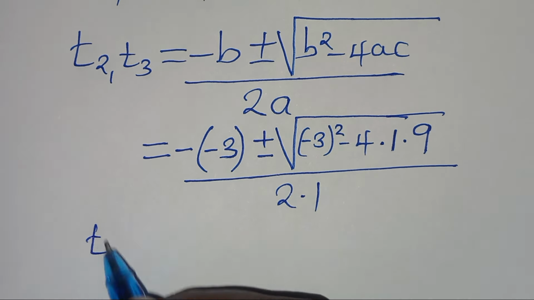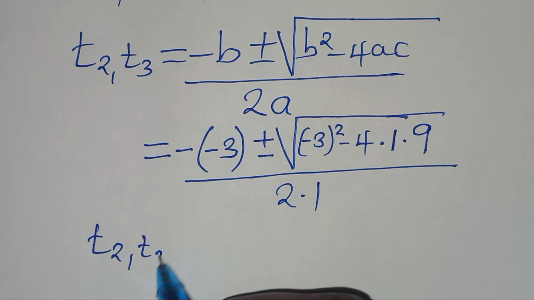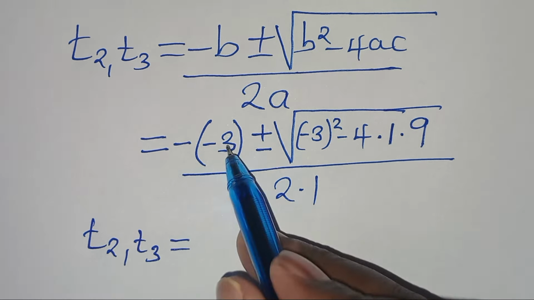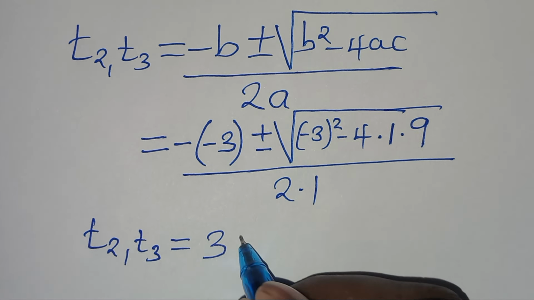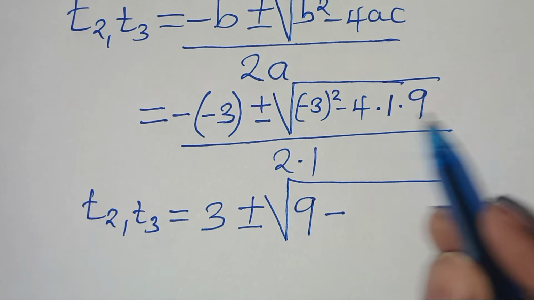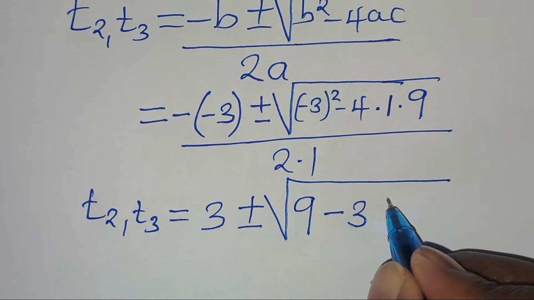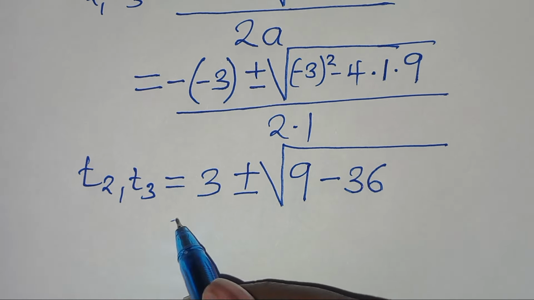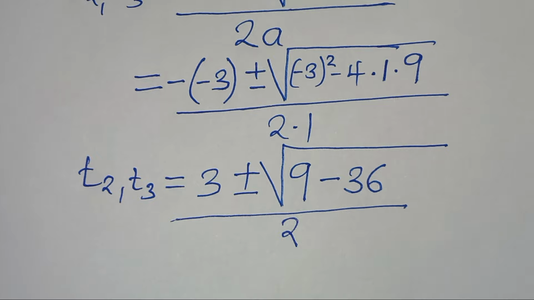So we have t2, t3 equal to minus times minus 3, this is 3, plus or minus the square root of minus 3 squared, this is 9, then subtract 4 times 9, this is 36. Everything here divided by 2.